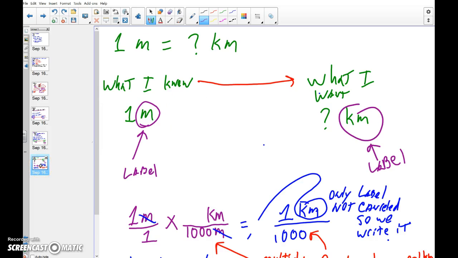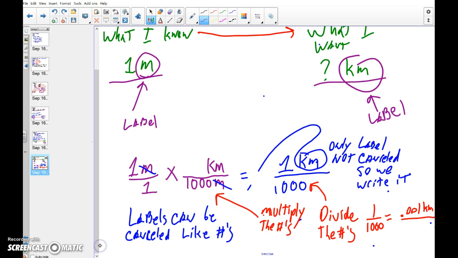Now, because we can't just take away labels and put them back at our whim, we have to have a way to get rid of our labels. So you can see here, I have my 1 meter with its label, and I have my how many kilometers with no label. So what I do down here is I turn this into a math expression.